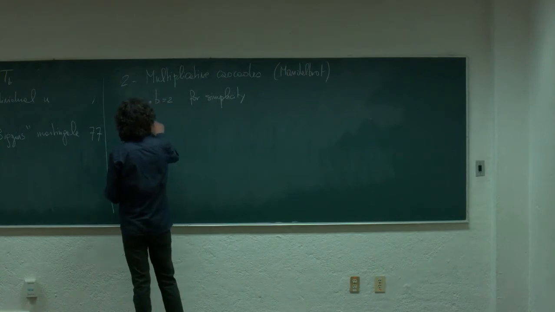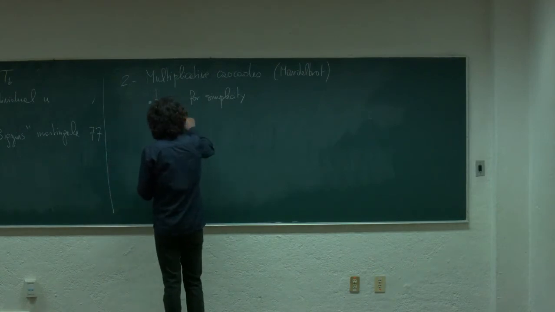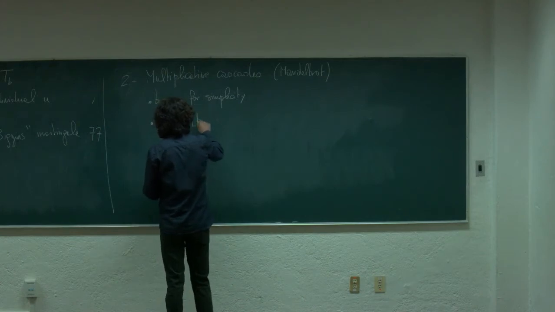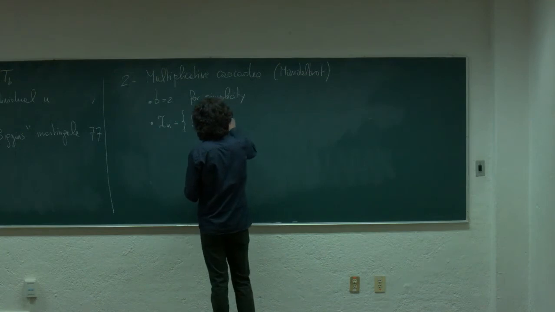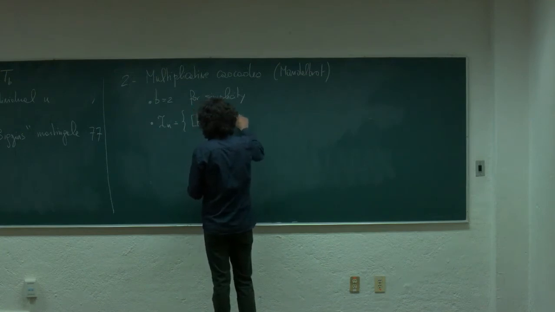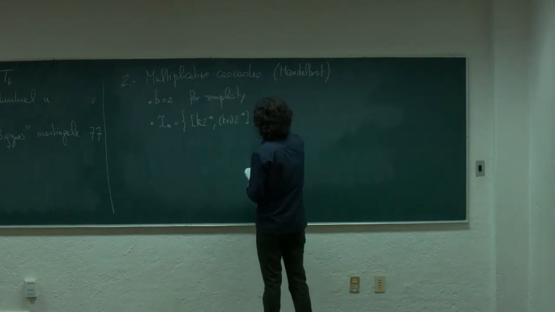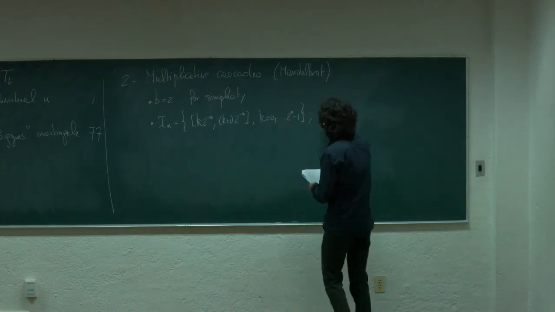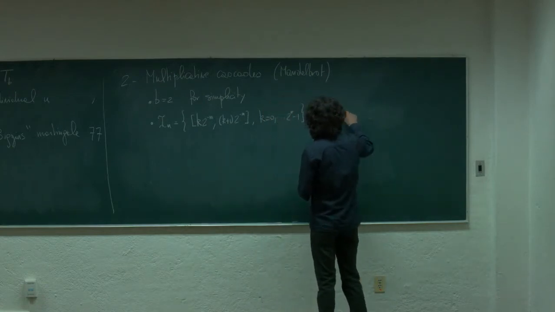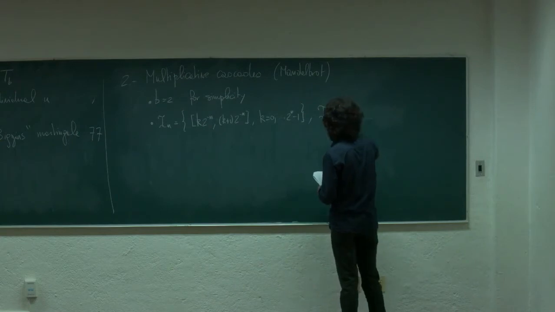Then call I_n the following collection of intervals. It will be just a dyadic partition of the interval [0,1]. So here k goes from 0 to 2^n minus 1. And call I the union of all these families.